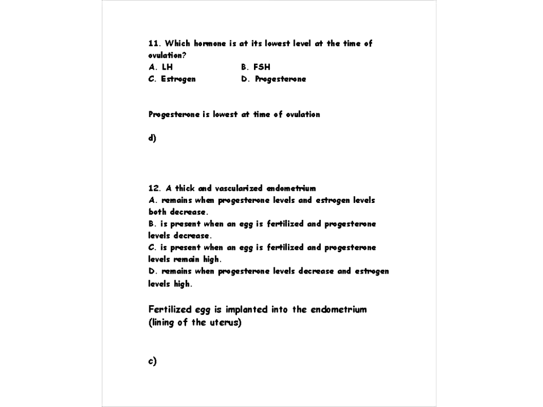What is the endometrium again? Well, that's the lining of the uterus. The answer for this one is that a thick endometrium is present when an egg is fertilized and progesterone levels remain high. The fertilized egg is implanted into the endometrium, which is the lining of the uterus.